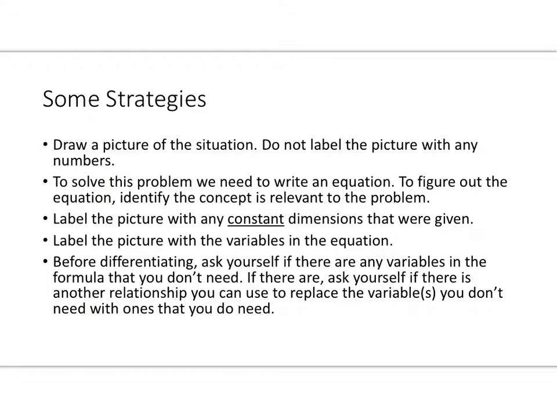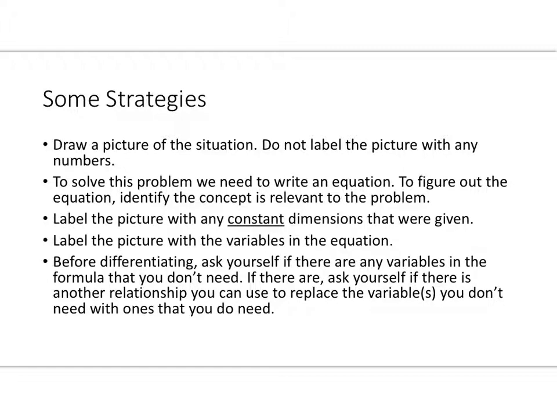So our strategy when we're attacking related rate problems in general is to always draw a clear picture of the situation. We don't label it with any numbers right off the bat. We have to first figure out what are we looking for. So for this one, we're going to have to write an equation. And to figure out what that equation is, we have to identify the concept that's relevant to the problem. So in this last one, we're talking about a cylinder, and they gave me cubic meters as my units.